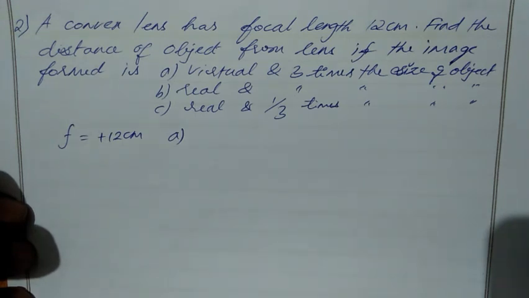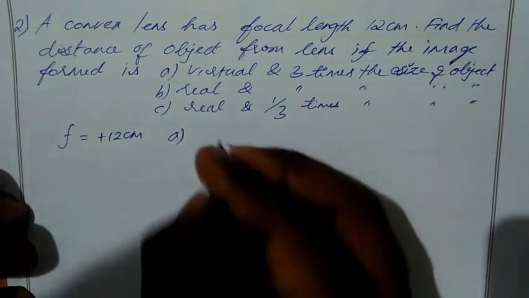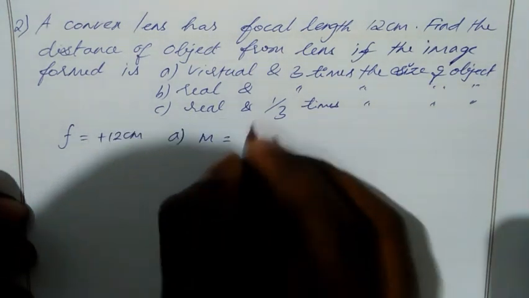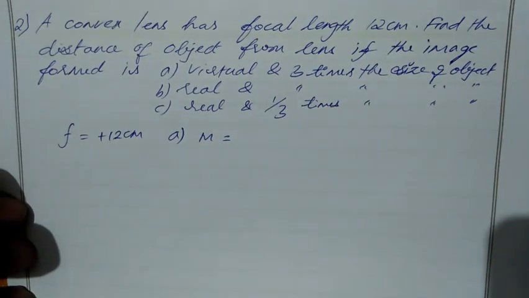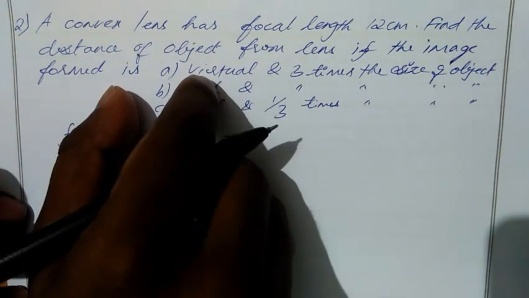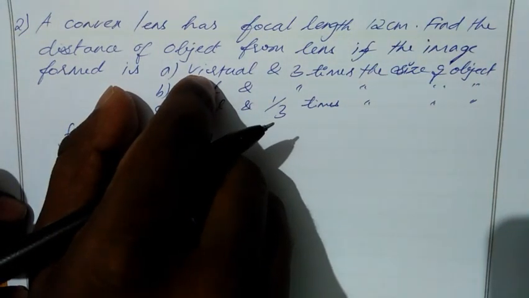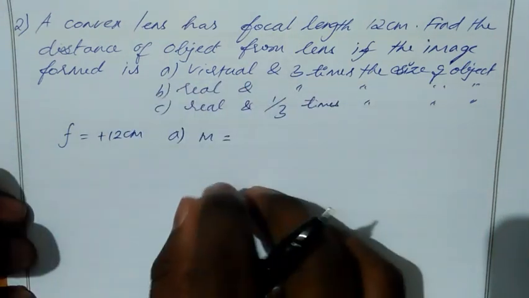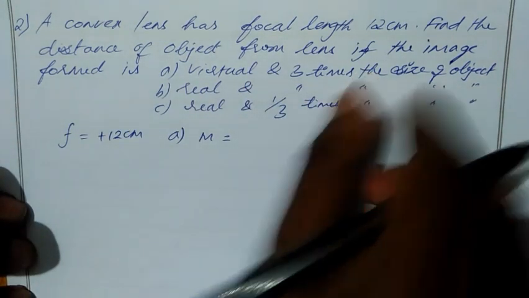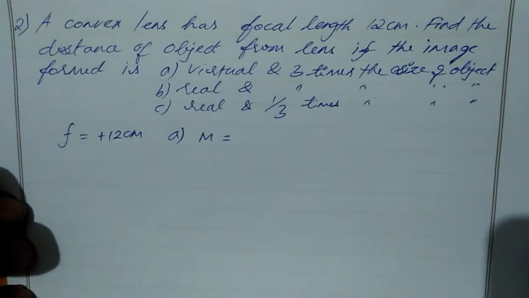If both have same sign, then we have magnification positive. Okay, so we have magnification 3 times the size of object. So if size of object is 3, then the size of image is 3 times 3. So we have 9.